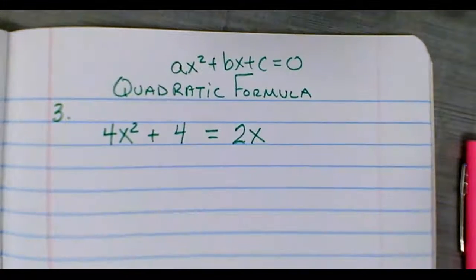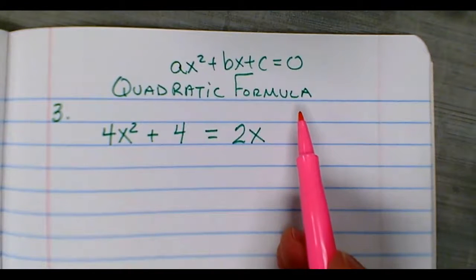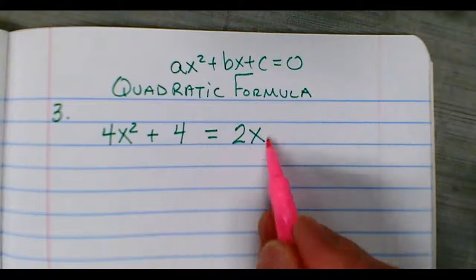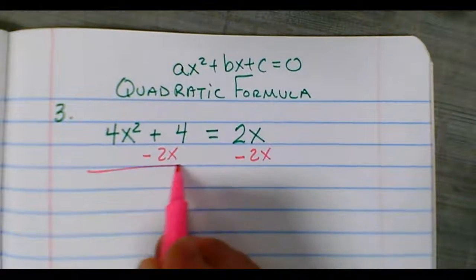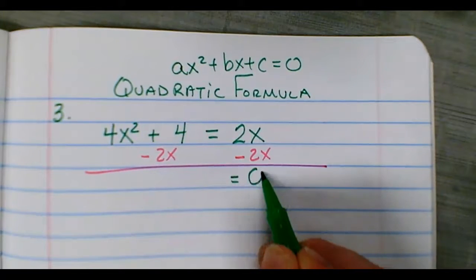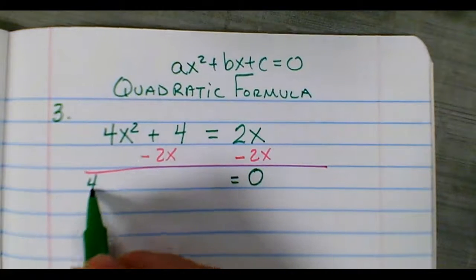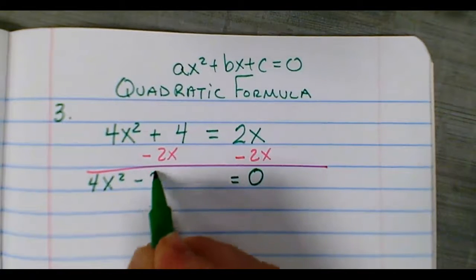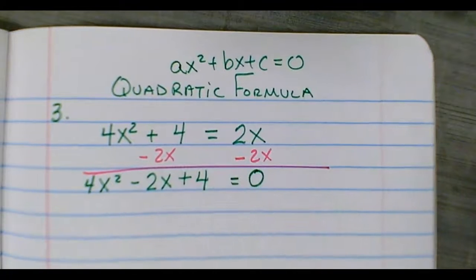It has to be equal to 0 before you use the quadratic formula or before you factor. So I need to make this side over here equal to 0. I need to zero out this side right here. And this side over here, I need to write it down in standard form.